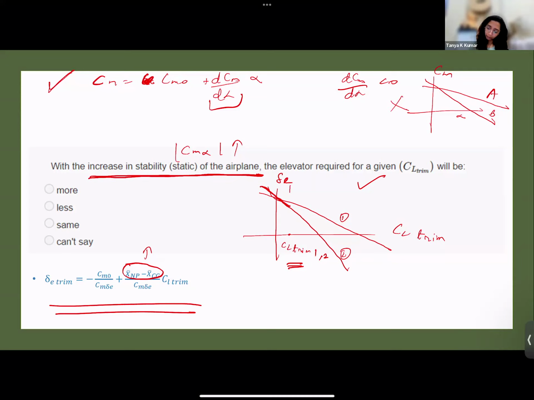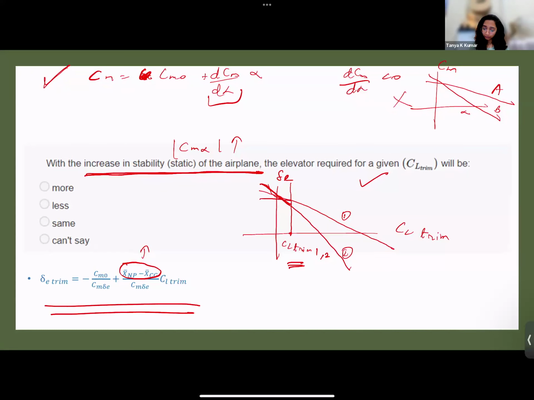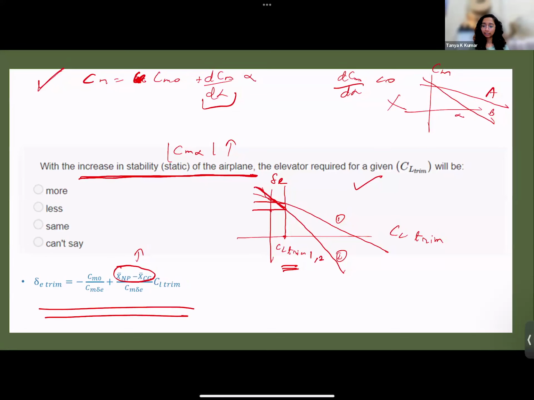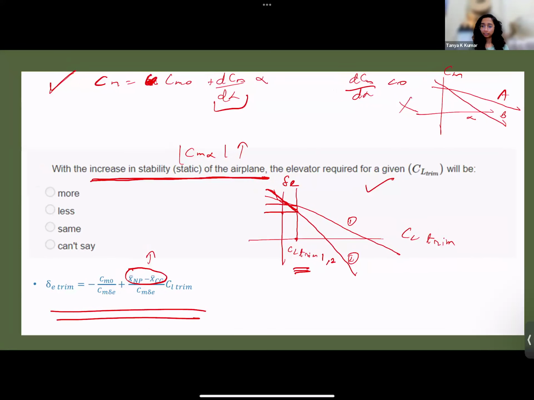Draw a line parallel to the Y axis. So delta E required for the first case is this one. And delta E required for the second case is this one. So for the second case, is it more or less? It's less, right?